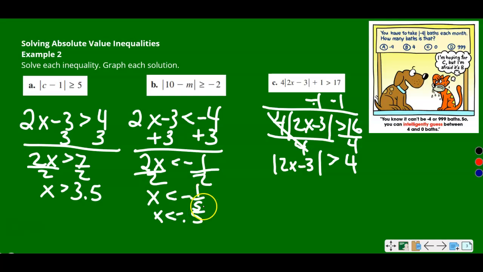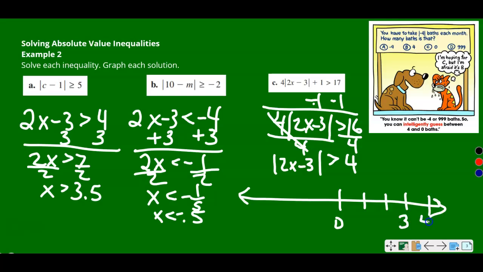In order to graph that, we want x greater than 3.5, so I'm going to have an open circle at 3.5.